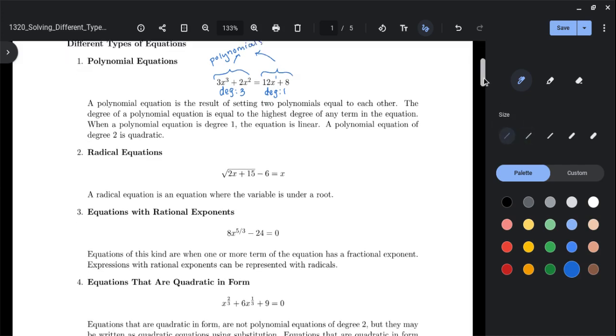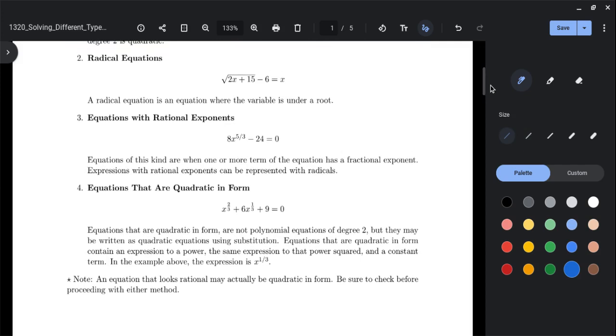Now, if we are looking for radical equations, this is when we have an equation where our variable is under a root. So here you notice that we have 2x under our square root. And so therefore we can say this equation, which is the square root of the quantity 2x plus 15 minus 6 equals x, is a radical equation.